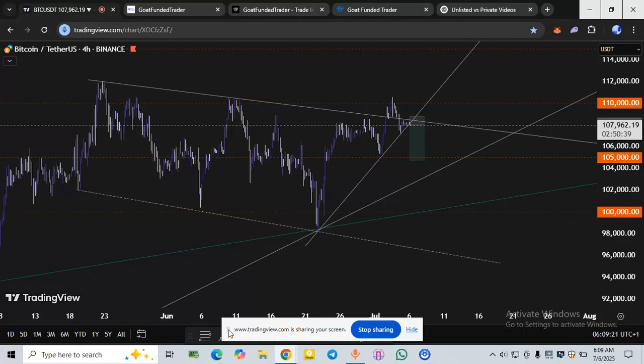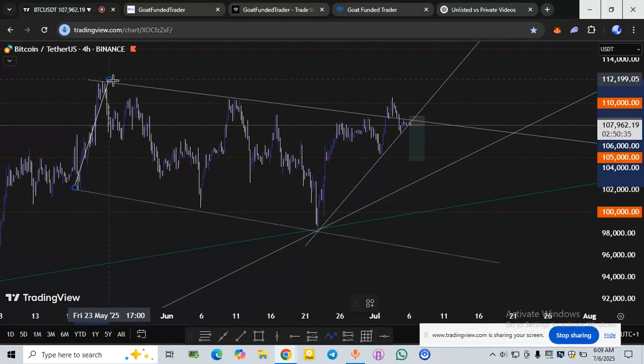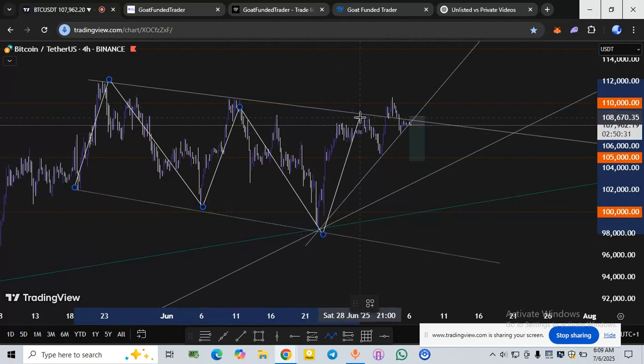So in the previous analysis, I talked about this channel over here, which we created on the daily and 4 hour time frame. And I told you guys that two things were actually going to happen when we hit this particular zone.